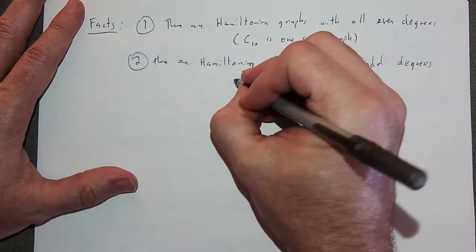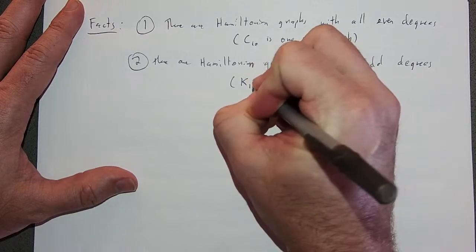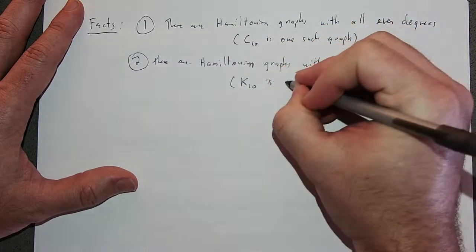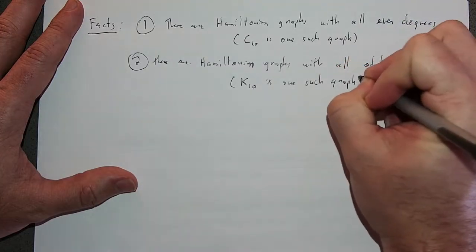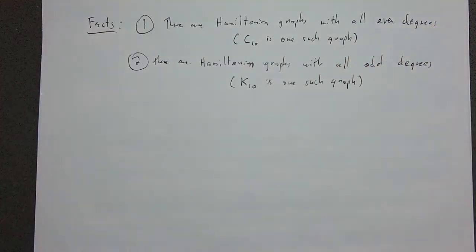Well, the complete graph on 10 vertices is one such graph. What is the degree of any vertex in the complete graph on 10 vertices? It's 9, right? They each have degree 9, because every vertex is connected to every other vertex. So any vertex in K10 has degree 9, which is odd.